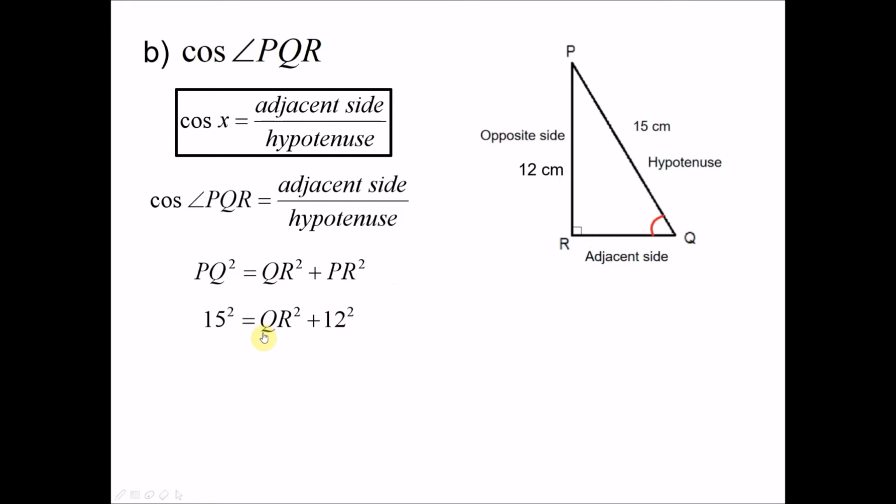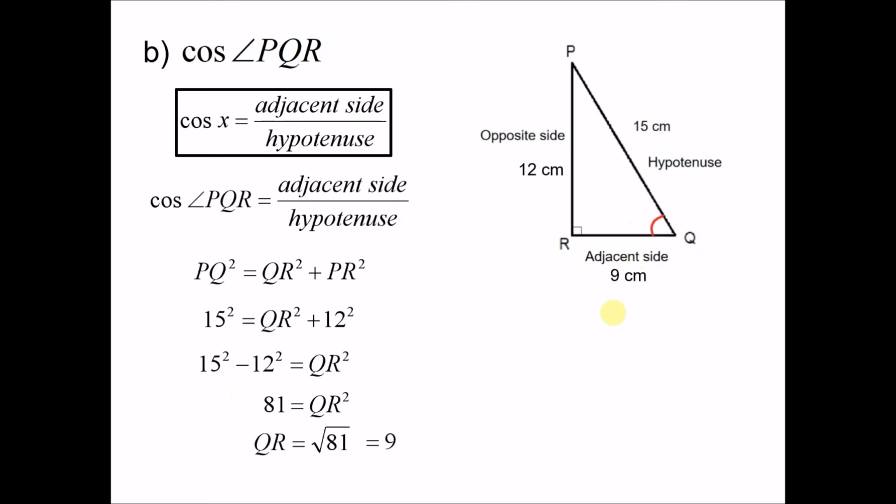We solve this. We move this here, we get 15 squared minus 12 squared, you get 81. To find QR, we move the squared here, it becomes square root, so you find the square root of 81, which is 9. Hence, we know that QR, the adjacent side here, is 9 centimeters.